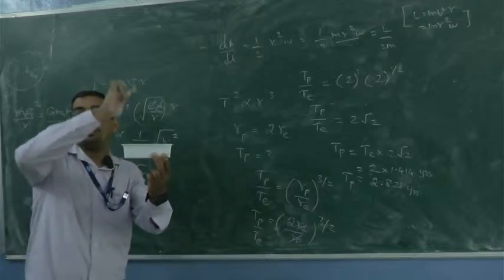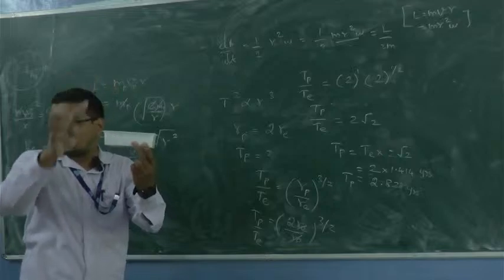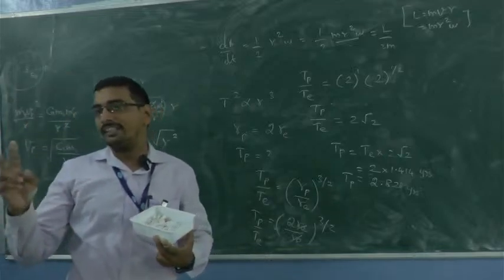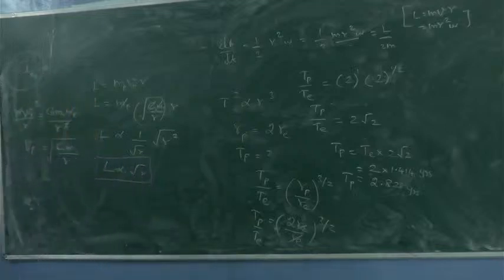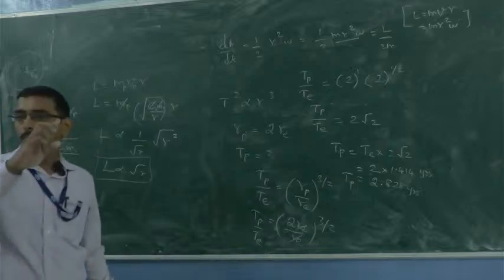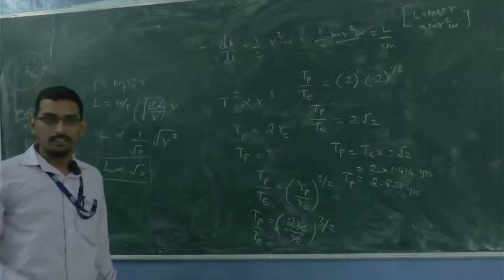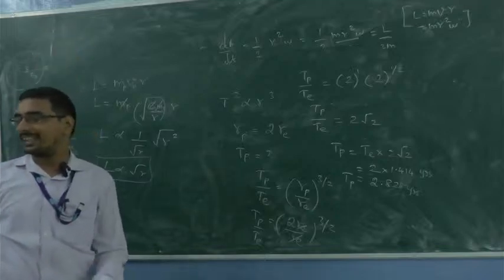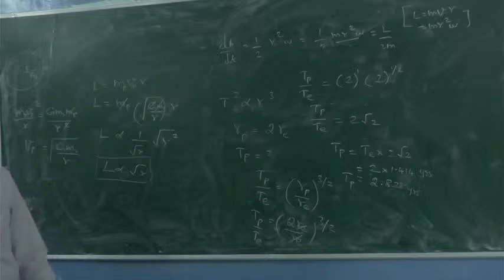Any satellite that revolves in this vertical circle is called a polar satellite. So satellites are generally classified into two categories: geostationary and polar. Usually polar satellites pass through the polar regions, meaning the North Pole and South Pole. That's why they are known as polar satellites.